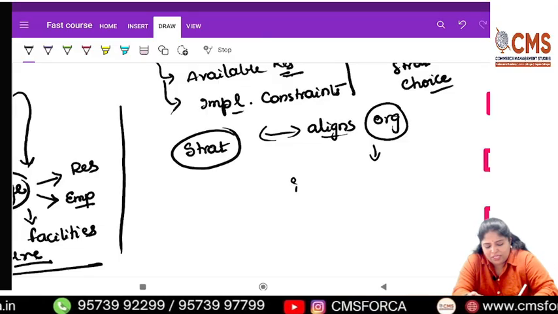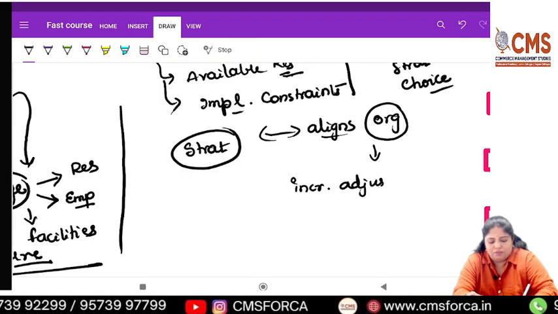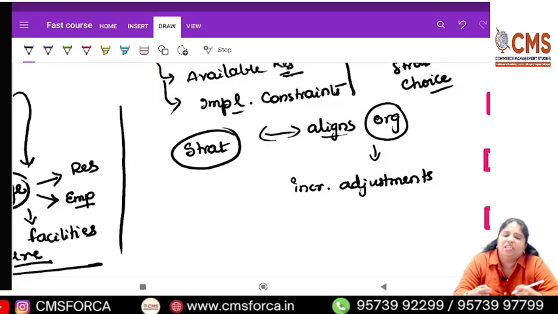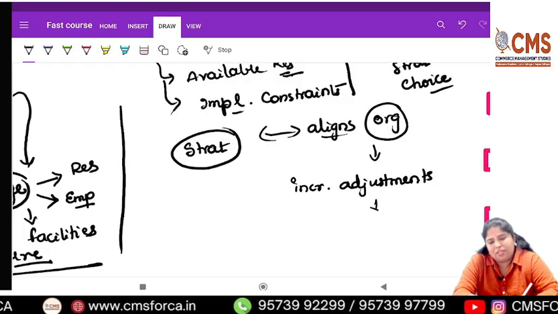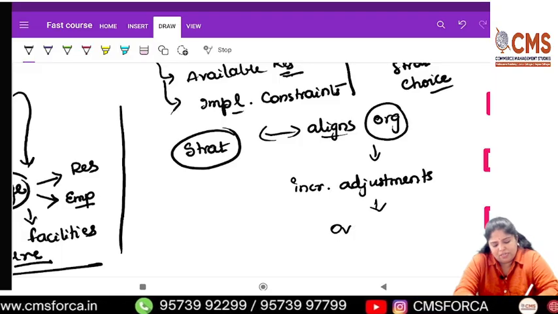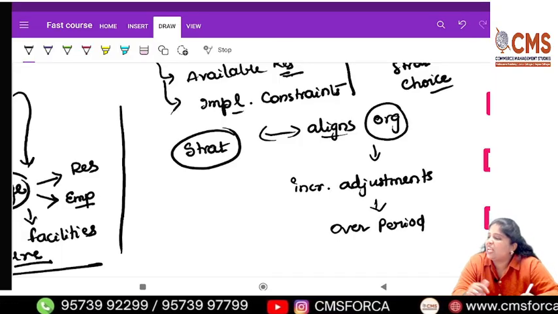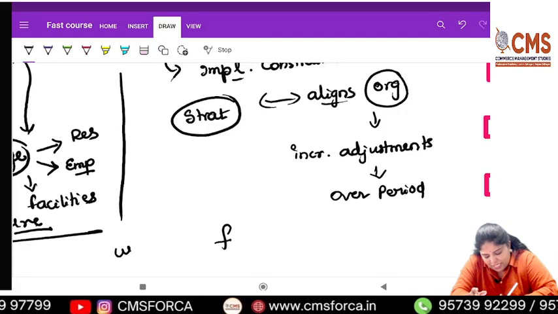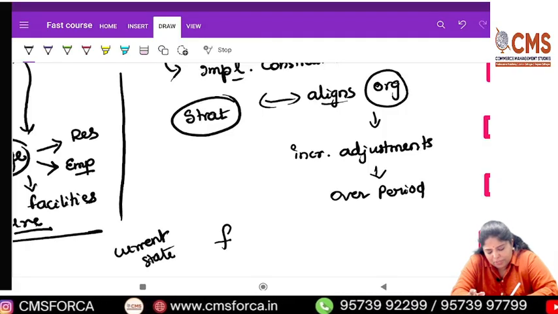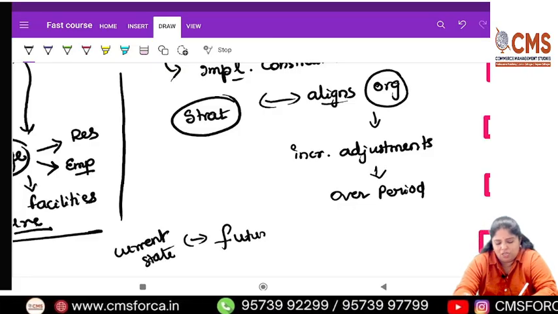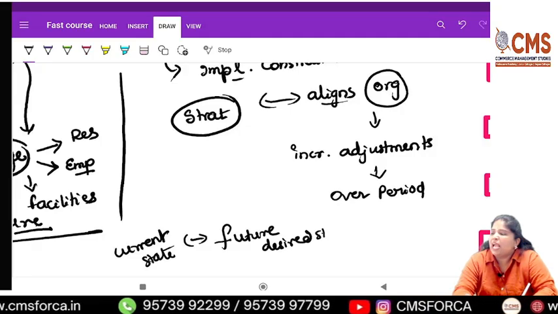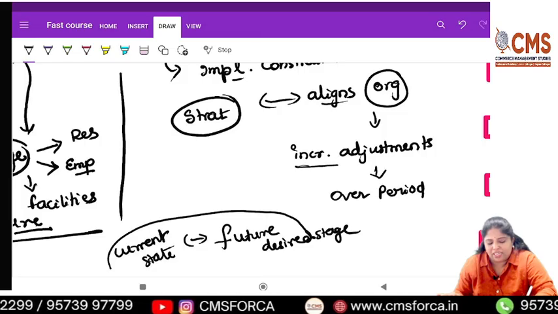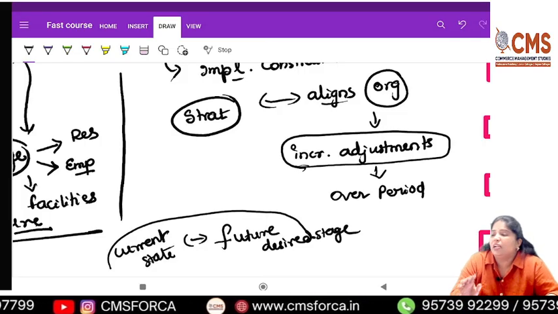They try to come up with incremental adjustments, and small changes they keep on doing. What happens over a period of time? See, you are doing some incremental adjustments for the last 6 or 8 months, let's say. That means, without your knowledge, the business has already moved from your current state to a future desired stage. But did it happen at once? Did it happen in one step?